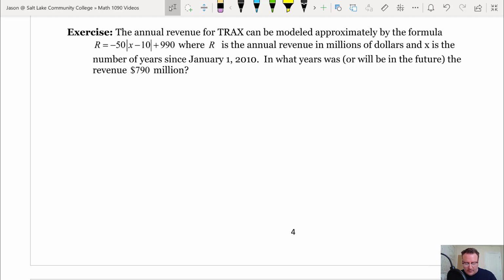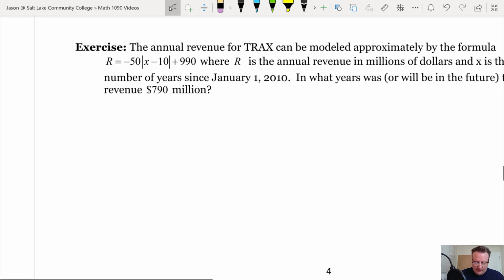Okay, so this is very similar to what we had before. What we want to do here is know when the revenue, as a function of x, is equal to 790 million. We're measuring everything in millions.